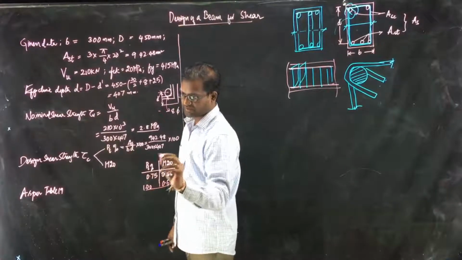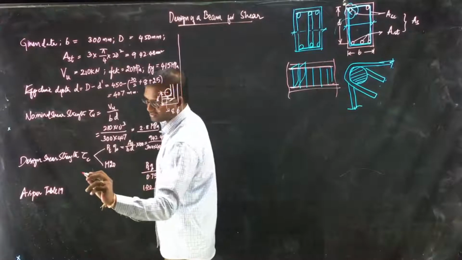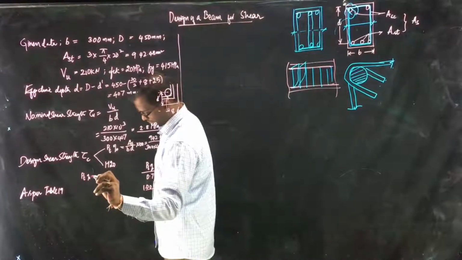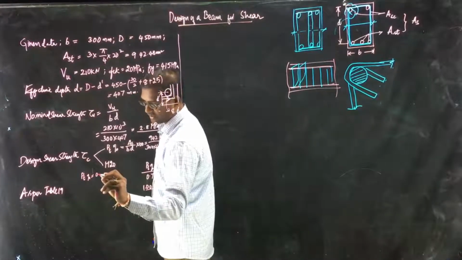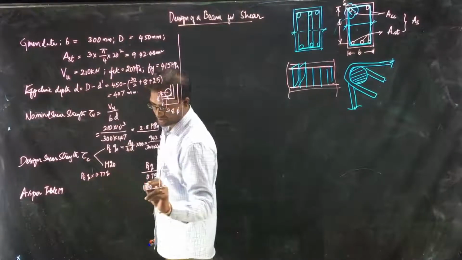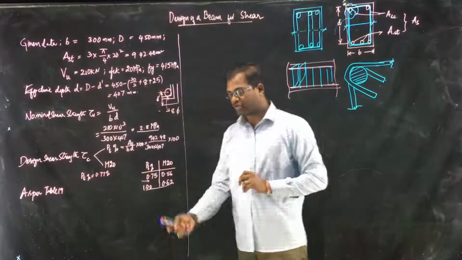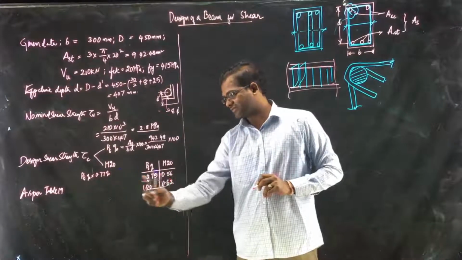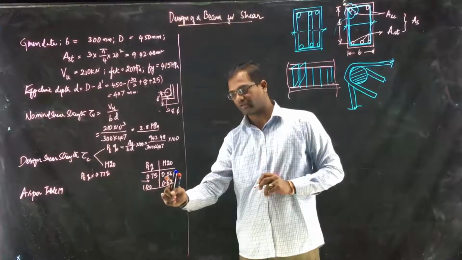So our pt percentage comes around 0.77. So the value is in between. So you need to calculate for 0.77 percentage what is the tau c value.